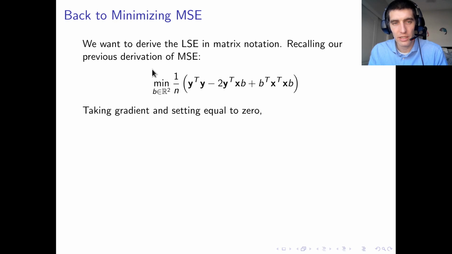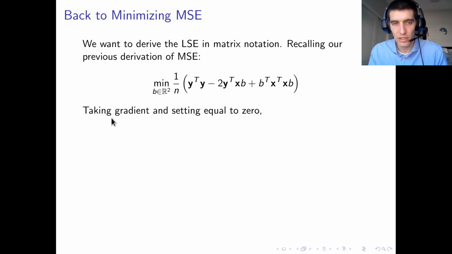So we previously showed that the mean squared error is equal to this, where we combine this term because the one term we were looking at was a scalar, therefore it was equal to its transpose. And so we want to minimize it.